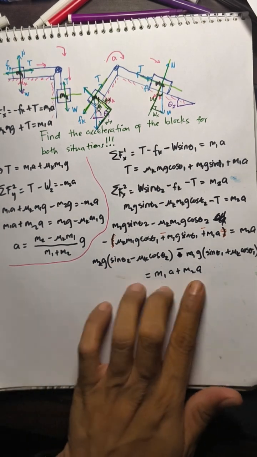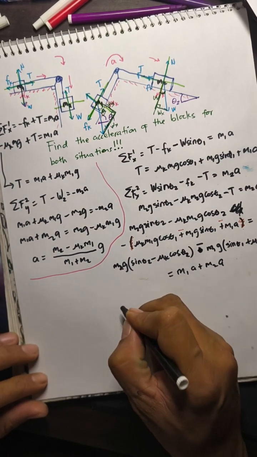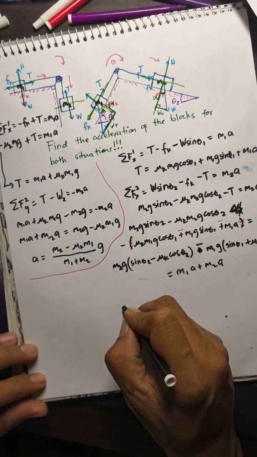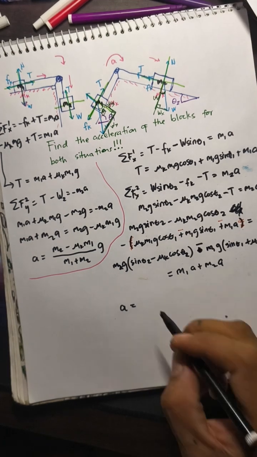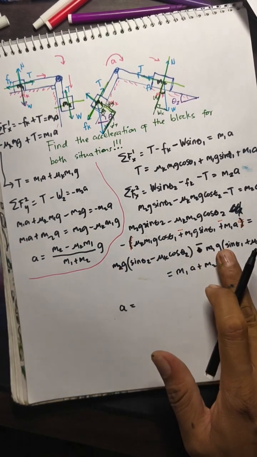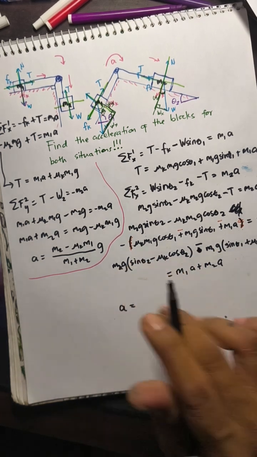To solve for a, we factor out a on this side, and we would get this equation now. It's quite long, but it's okay. It looks beautiful. I'll factor out g because I have g on this side and on this side.